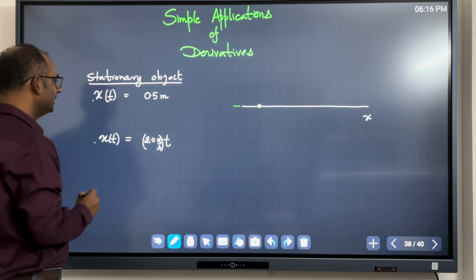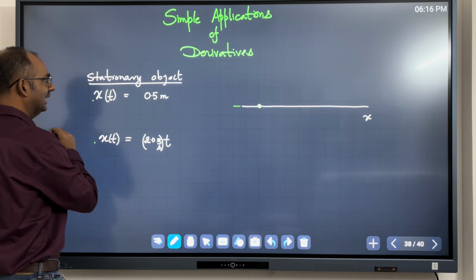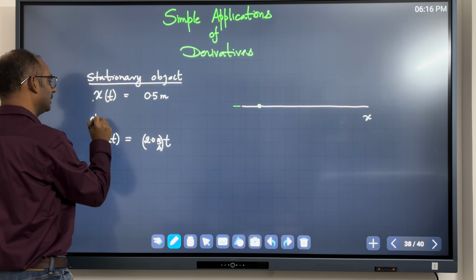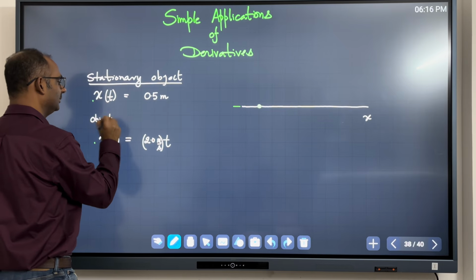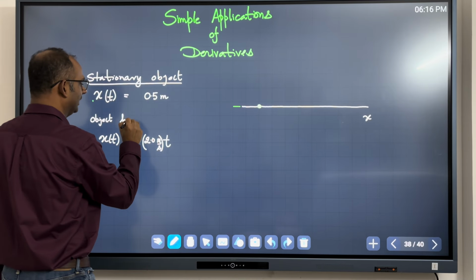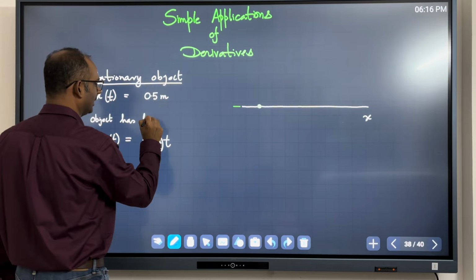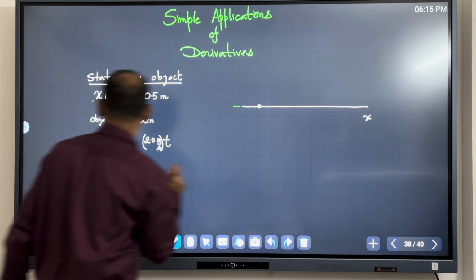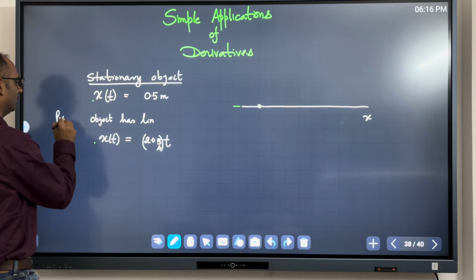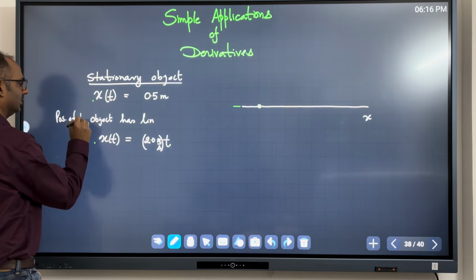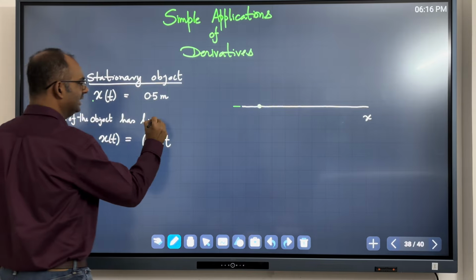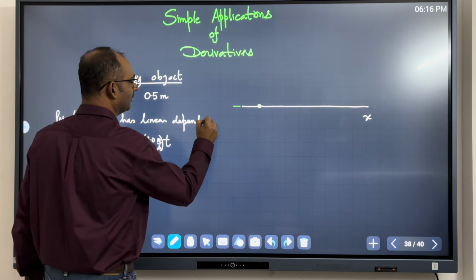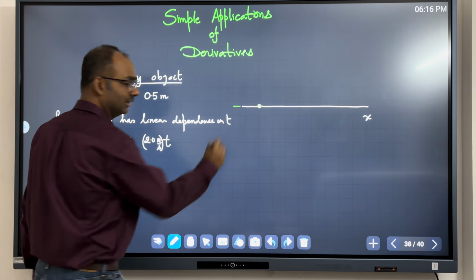Now this is a linear dependence, right? Or rather, the position of the object has linear dependence on t.